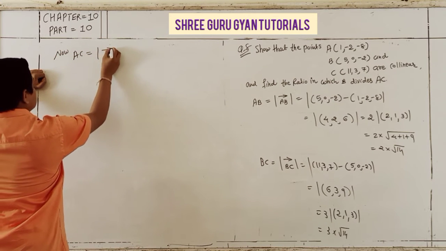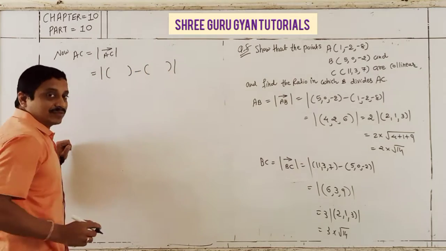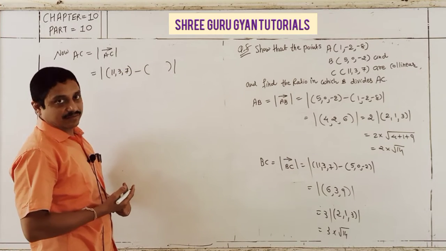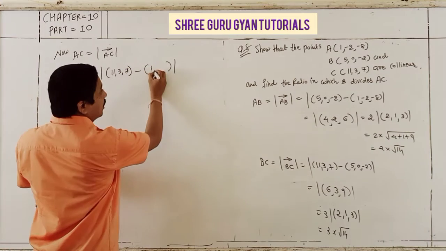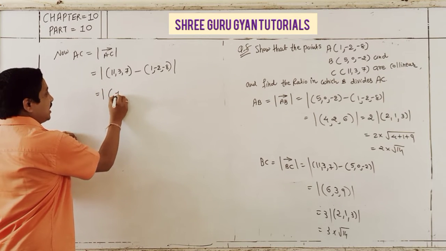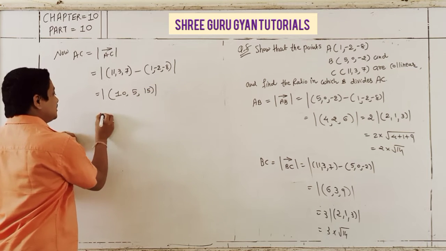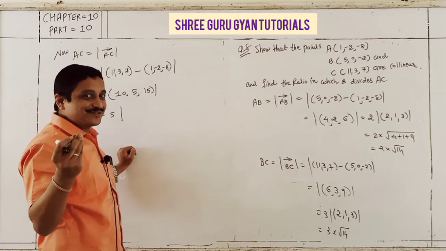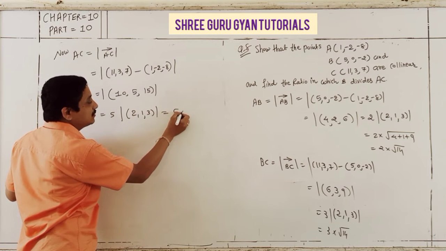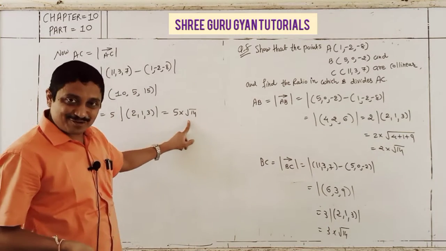AC, C minus A. Your C is 11, 3, 7 and A I have 1 minus 2 minus 8. So my answer is 10, 3 plus 2 is 5 and 7 plus 8 is 15. I take 5 common. So your 5 times (2, 1, 3). It is root 14. Check this AC distance is 5 root 14.